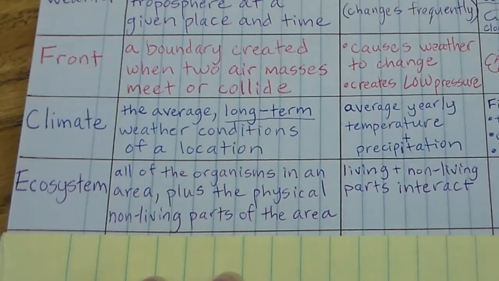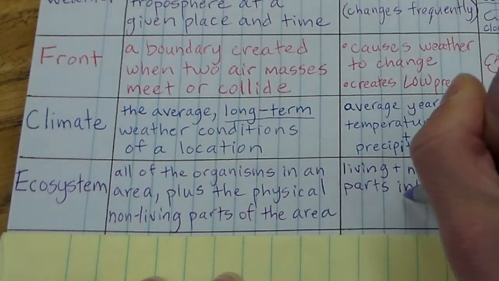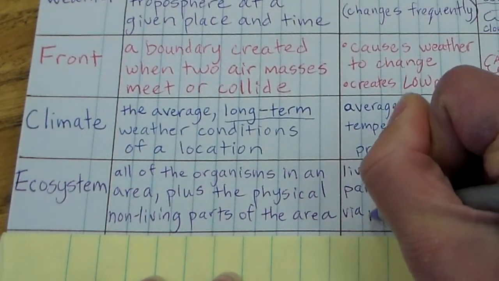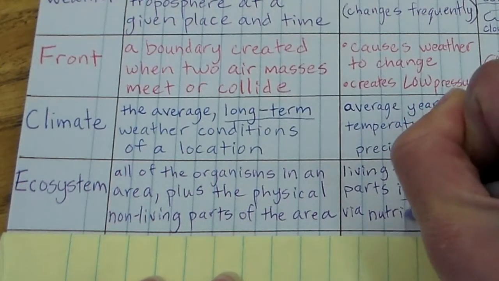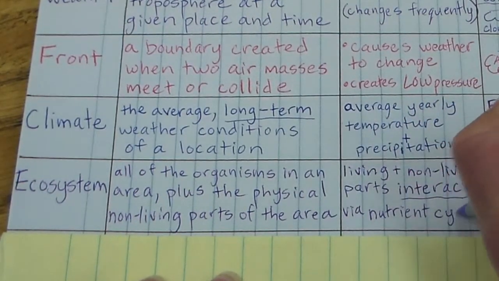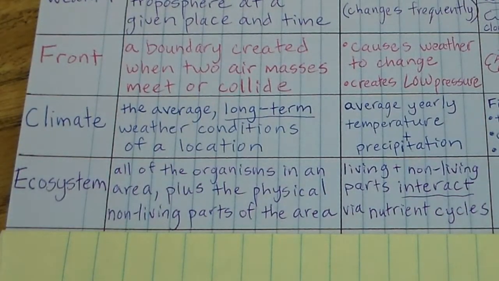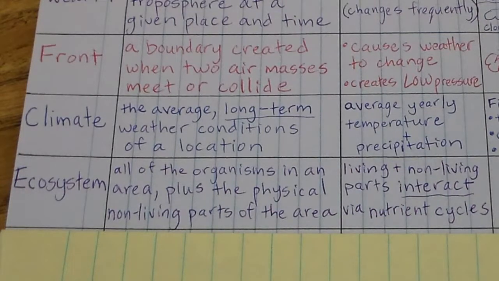So living and non-living parts interact via, that means by, something called nutrient cycles. And we've already talked about a nutrient cycle called the water cycle.